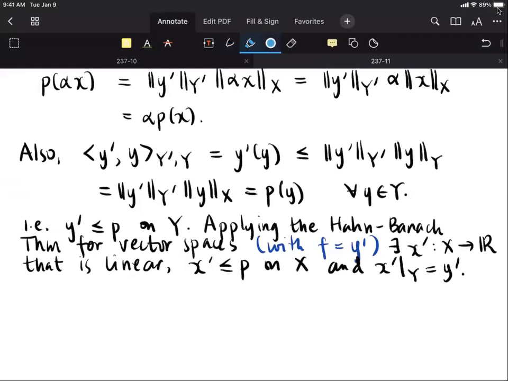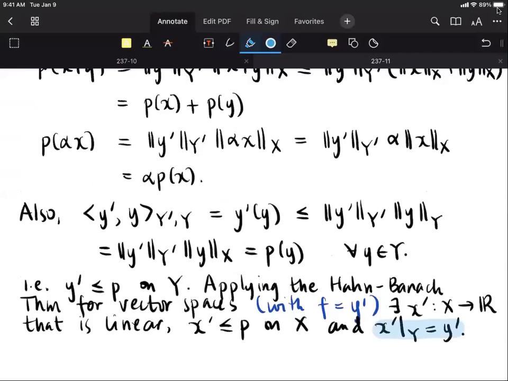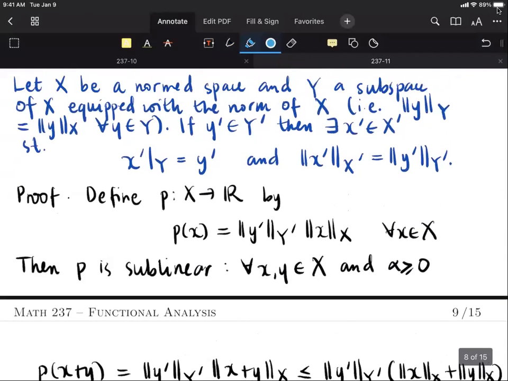So let us highlight this part. This is precisely what we need here. Okay. So it remains to establish this equality.